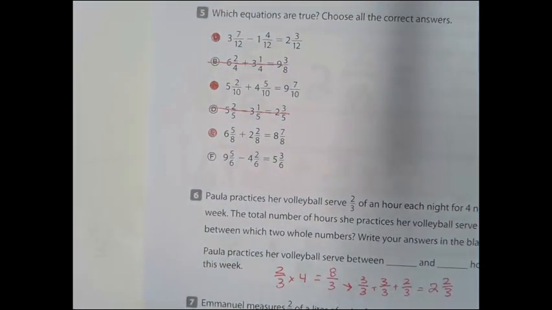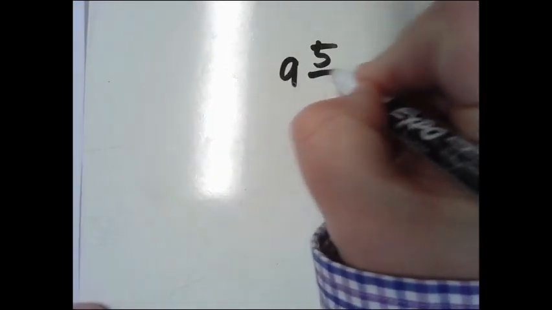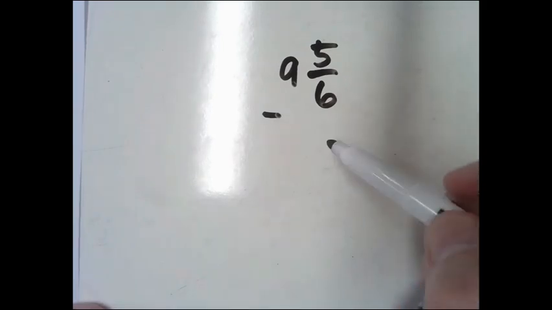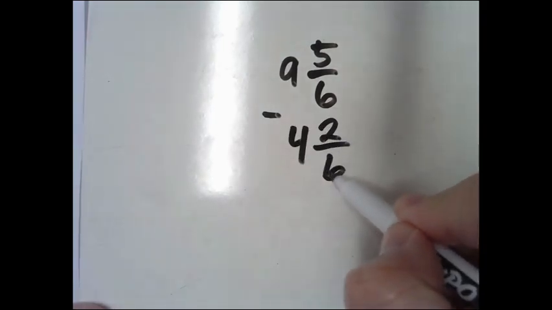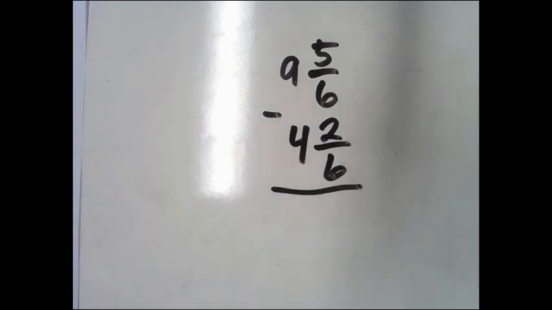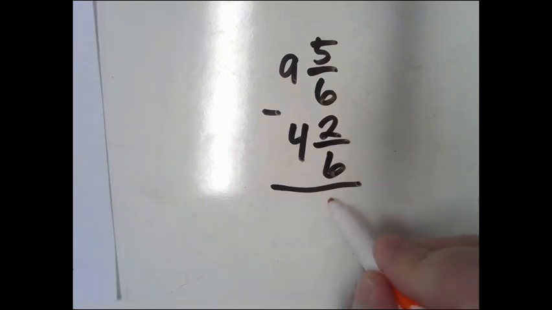Okay, let's do F. Last one on this problem anyway. So 9 5/6 minus 4 wholes and 2/6. So 5/6 take away 2/6 is 3/6.